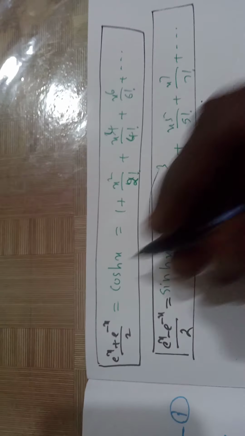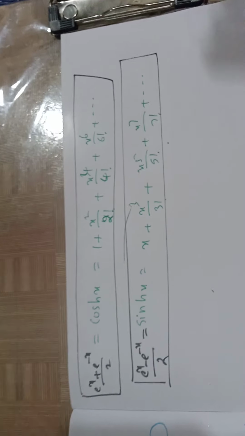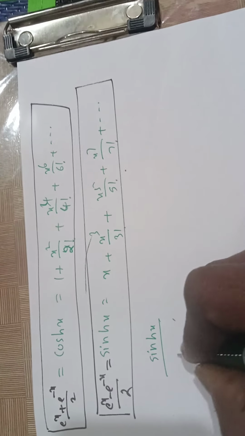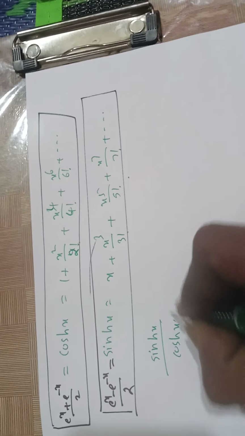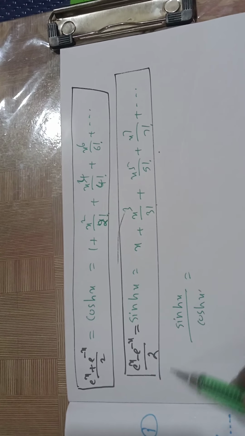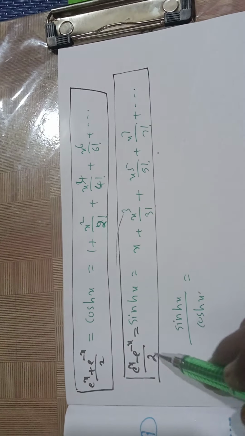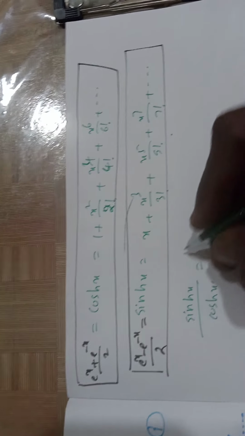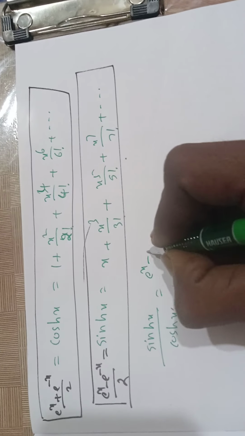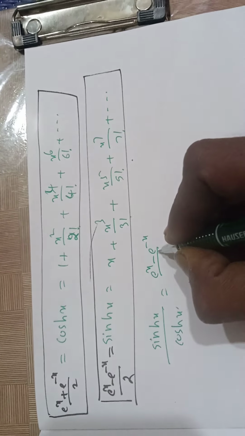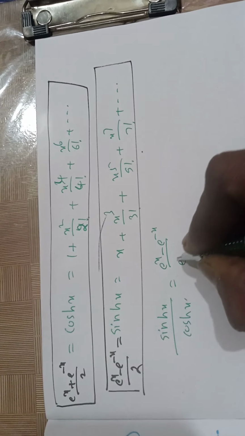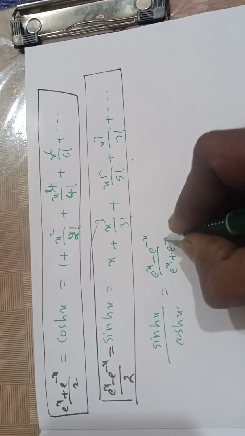Now what I am doing, I want to divide these both of them. So I want to write sin hx by cos hx, left hand side by left hand side. Here the 2 will get cancelled, so then you will get e power x minus e power minus x by 2, divided by e power x plus e power minus x by 2, and the 2 cancels.